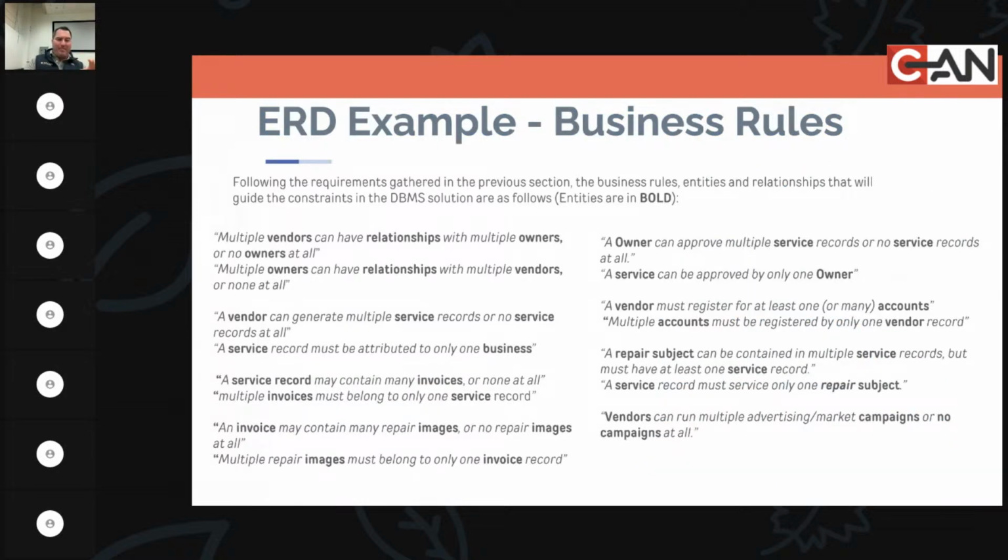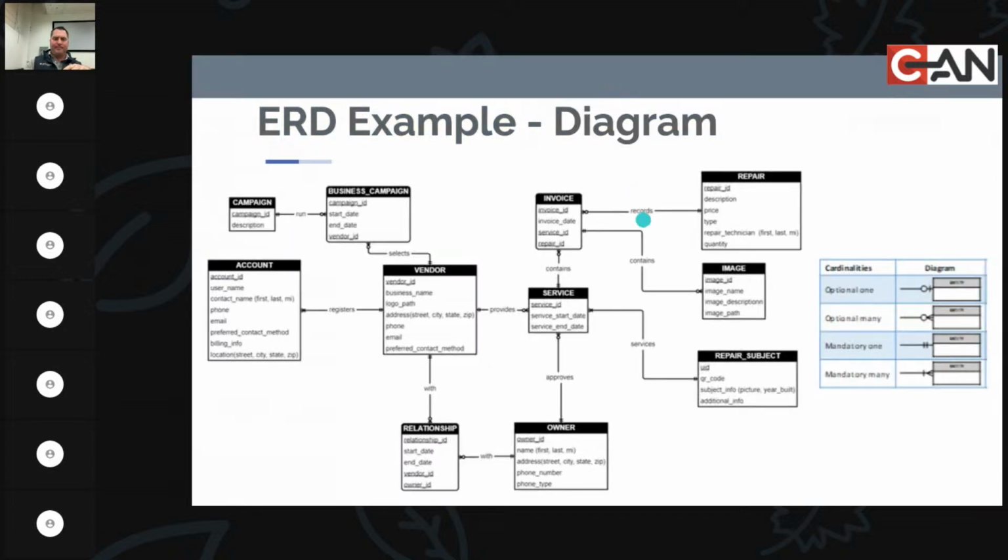Okay, I'm going to bounce back and forth between these next two slides. We're going to look at a business rule ERD example. We're going to look at some natural language and then pop over to a table, and I'll highlight some of these things. Okay, over here, if you see my cursor, I hope you can see it better. The cardinality is optional to one.